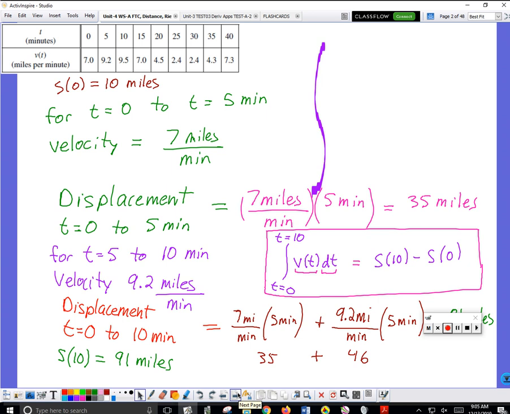We then talked about how you could also calculate displacement by multiplying the velocity of the object by some amount of time. Did I introduce the integration symbol?